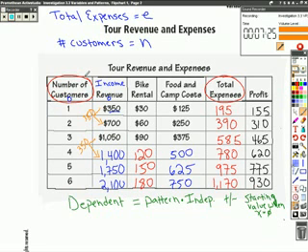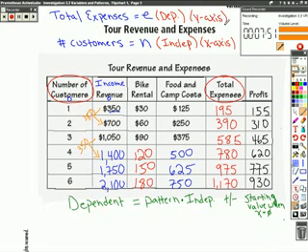It's the first way again. So number of customers is my independent variable, just like last time, so that's my x-axis. And total expenses is dependent, and that's my y-axis.